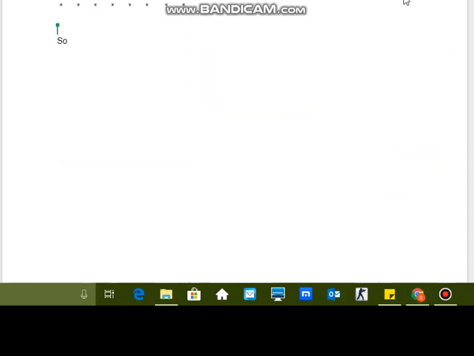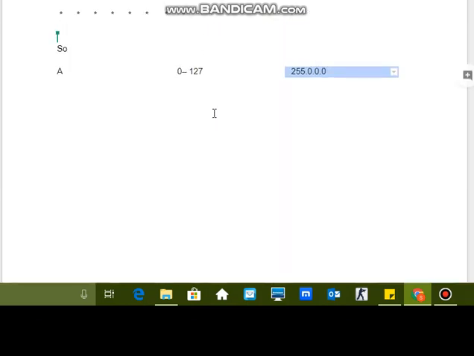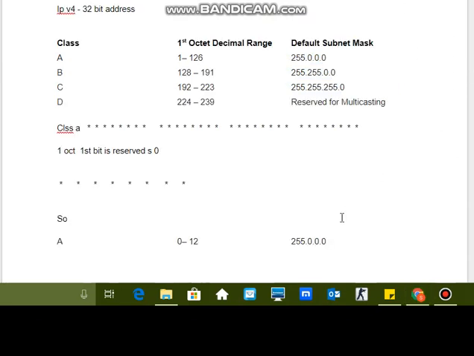So friends, we're gonna come down and write the class C address. Class A is 0 to 127. I will explain the network and broadcast address later. And this is the subnet mask. In class A, the subnet mask is 255.